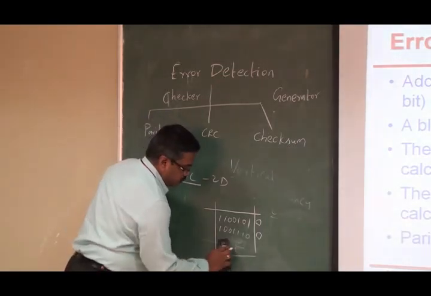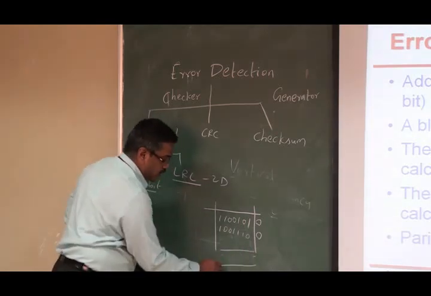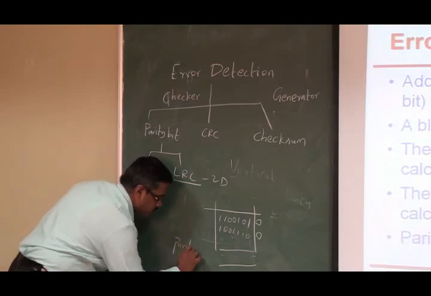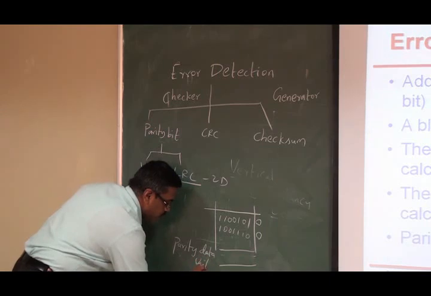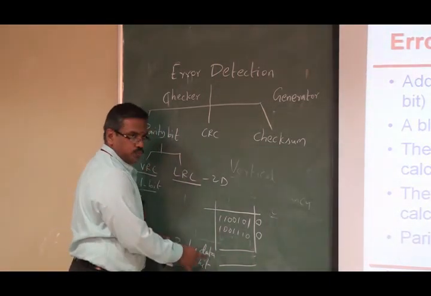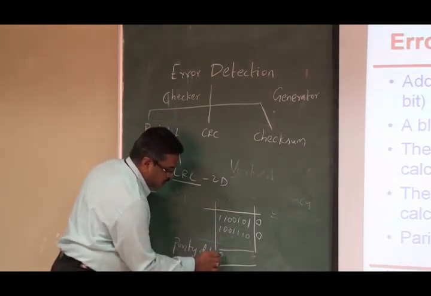Then here also you can generate a parity data unit. Count the number of ones here also. If it is even parity, 1 1, the number of ones is 2, so generate 0.